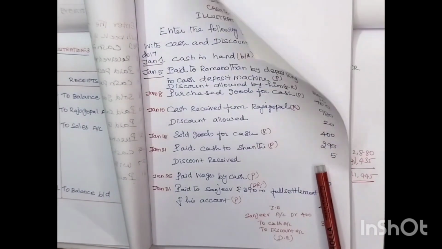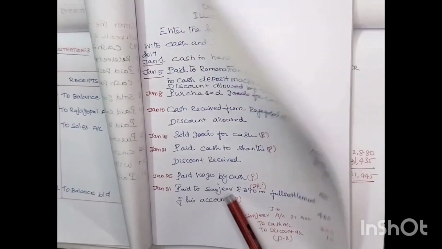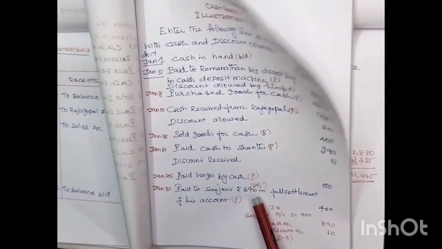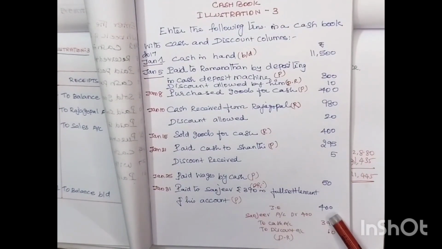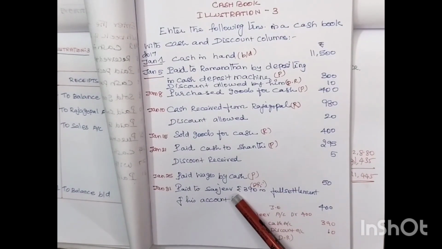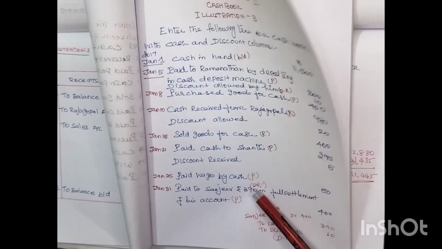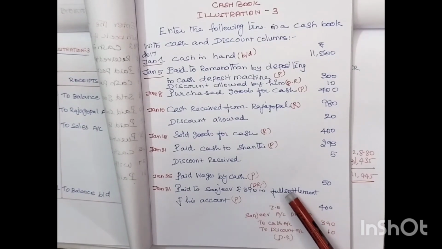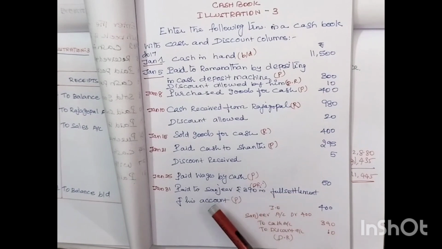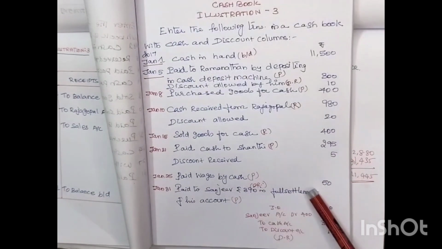Then January 31, paid to Sanjeev rupees 390 in full settlement of his account, rupees 400. Okay, paid to Sanjeev means you made a payment to Sanjeev. Full settlement indirectly tells us that you received a discount.